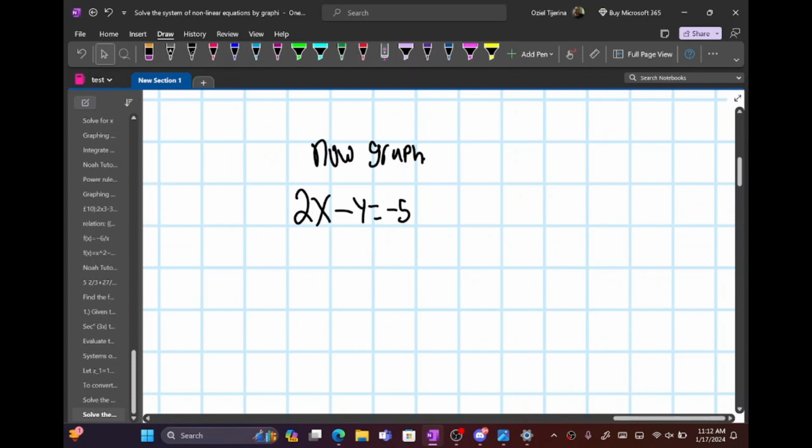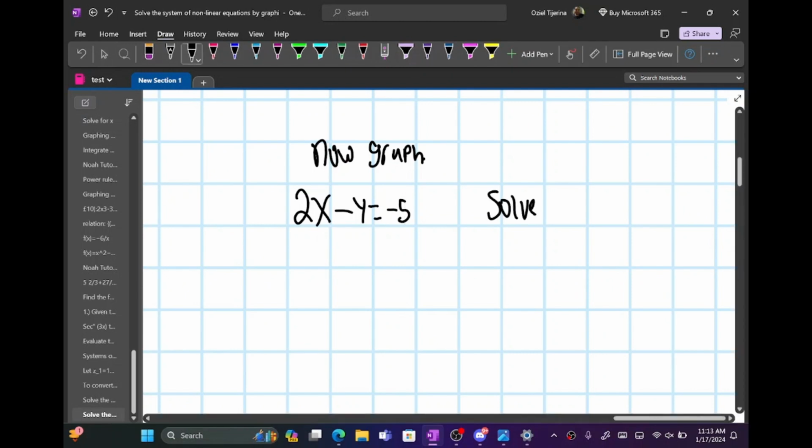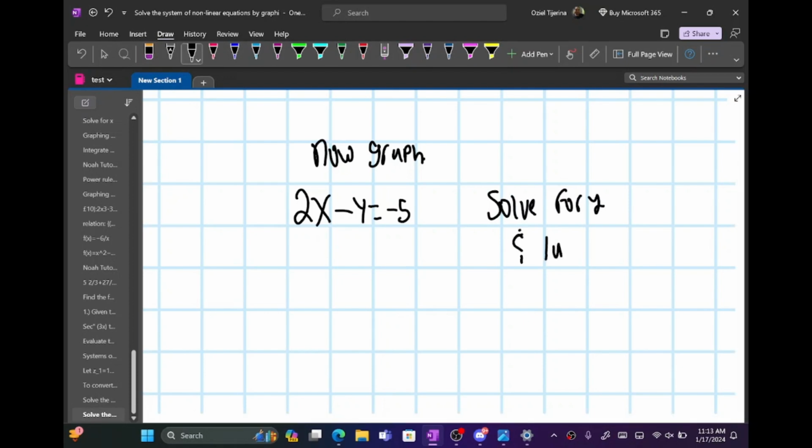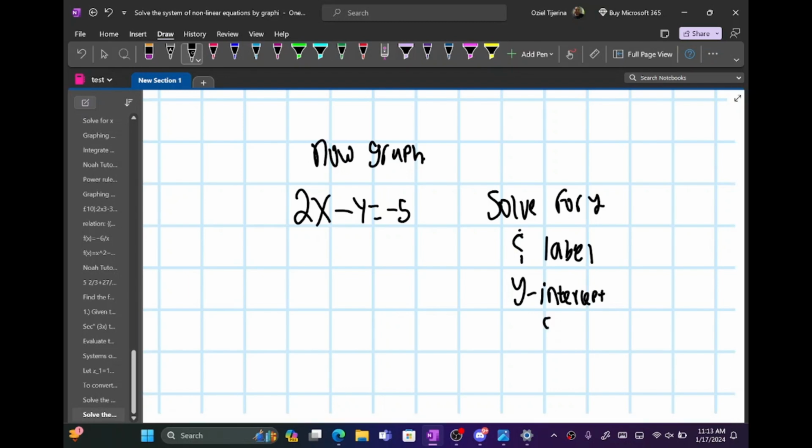Now we want to graph 2x minus y equals -5. So here, we are going to solve for y and label the y-intercept and slope.